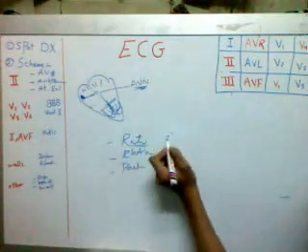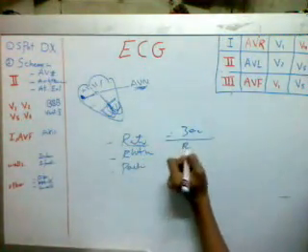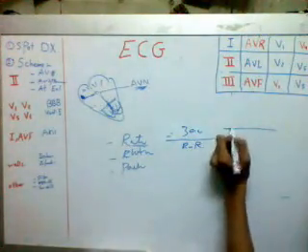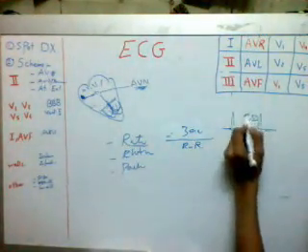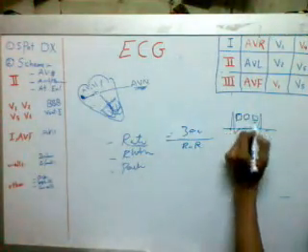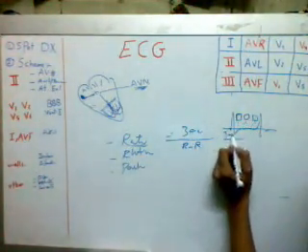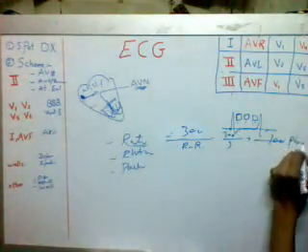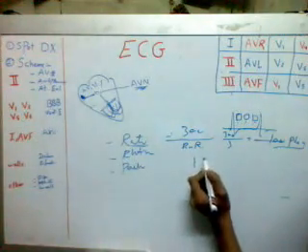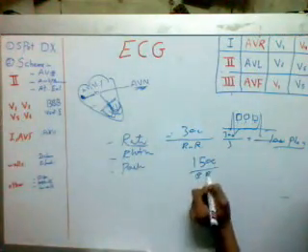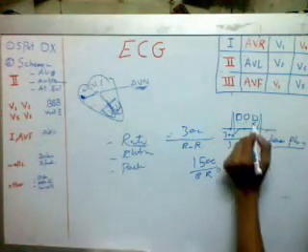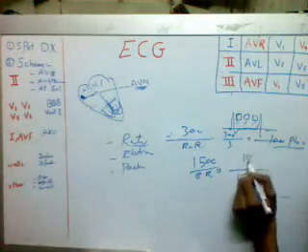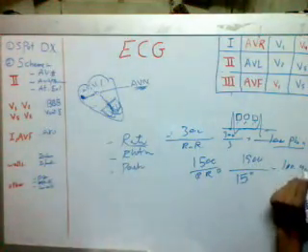Rate is 300 over the RR interval. How can I get it? You know this QRS complex, and this is three large squares: 300 over 3 large squares is 100 beats per minute. Or 1500 over the RR interval in small squares: this is 15 small squares, so 100 beats per minute also.